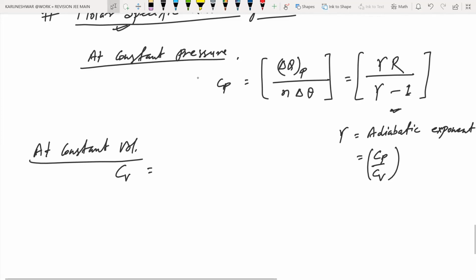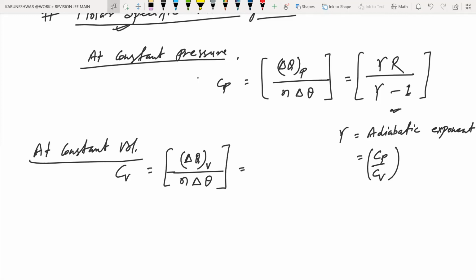At constant volume, delta Q is the heat change at constant volume, divided by the number of moles and delta theta, the change in temperature. You can write this in terms of gamma as R by gamma minus 1. So you can see the ratio here.